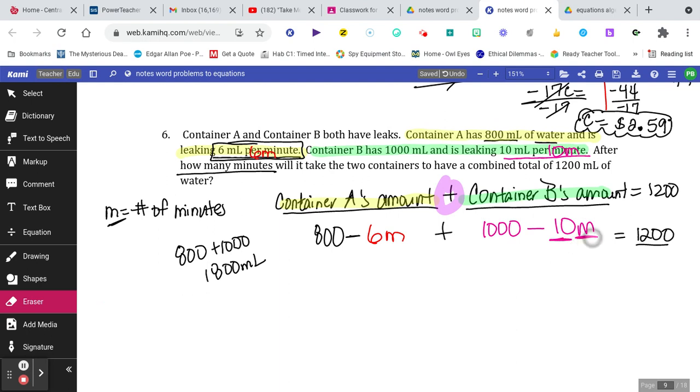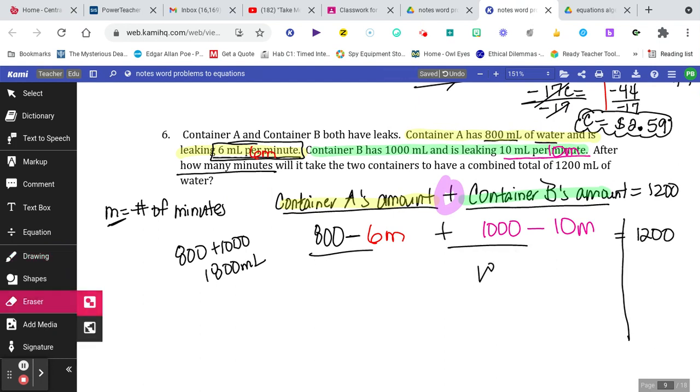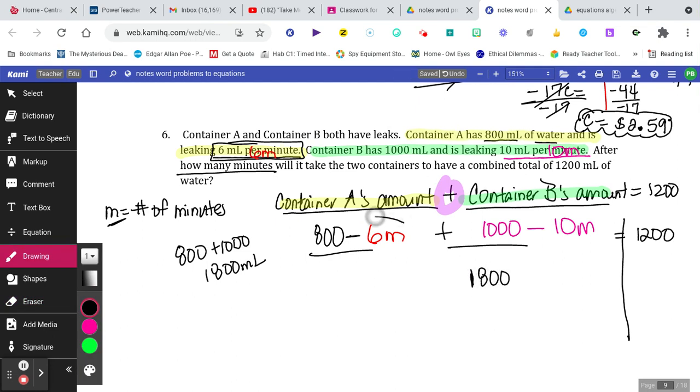So I'm going to go ahead and combine like terms. 800 plus 1,000 is 1,800. That's what they start off with, 1,800 milliliters together. But then I'm going to combine like terms.